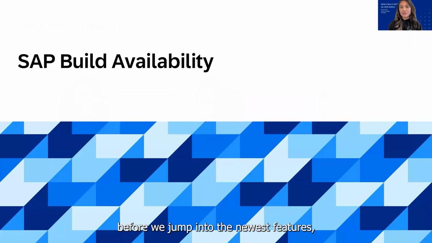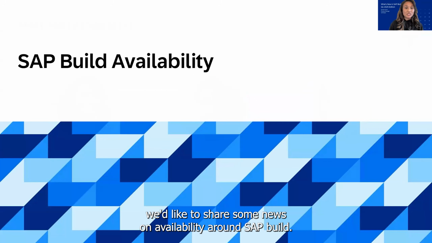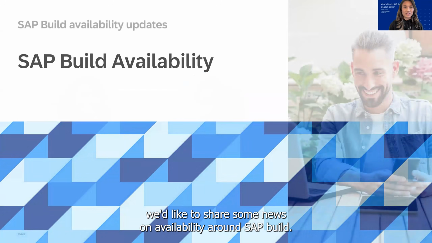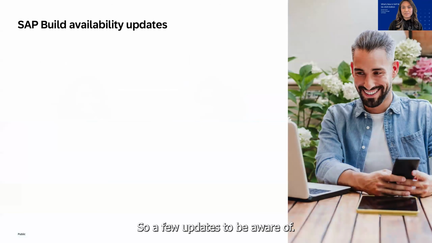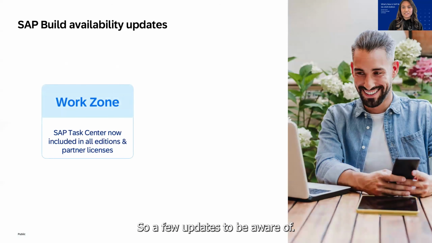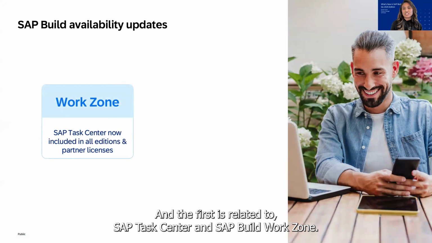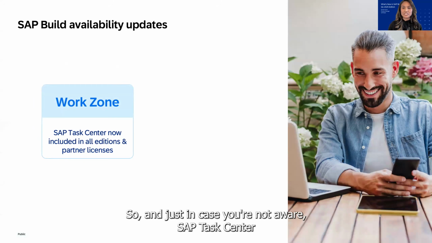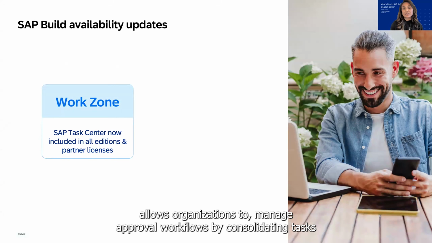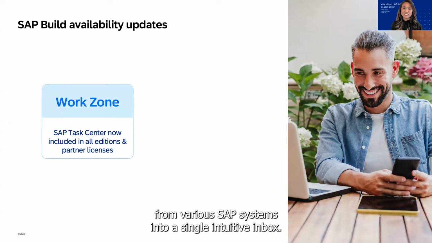All right, so before we jump into the newest features, we'd like to share some news on availability around SAP Build. So a few updates to be aware of, and the first is related to SAP Task Center and SAP Build Work Zone. And just in case you're not aware, SAP Task Center allows organizations to manage approval workflows by consolidating tasks from various SAP systems into a single intuitive inbox.